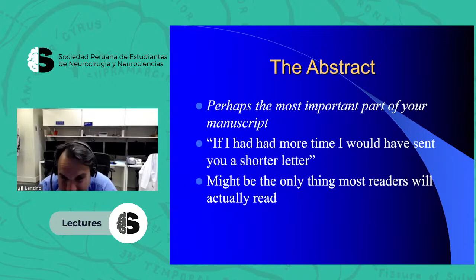Then, based on the topic and the impact of the results, I select the few papers that I actually end up reading in full. So it turns out that nowadays, the abstract has become probably the most important part, practically speaking, of your manuscript.